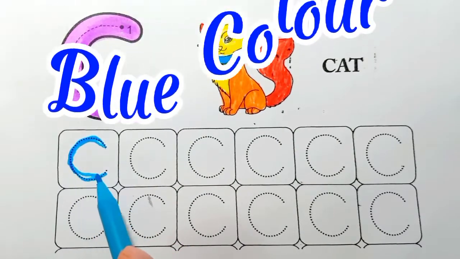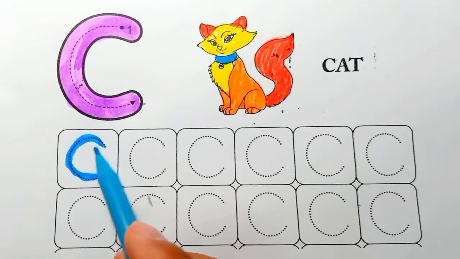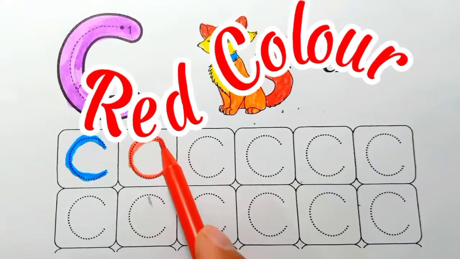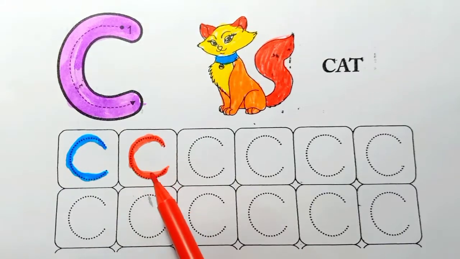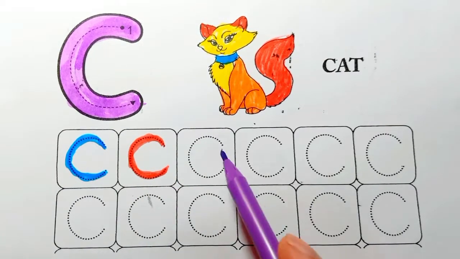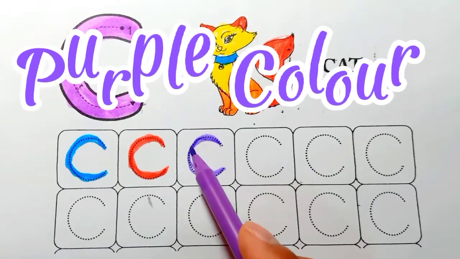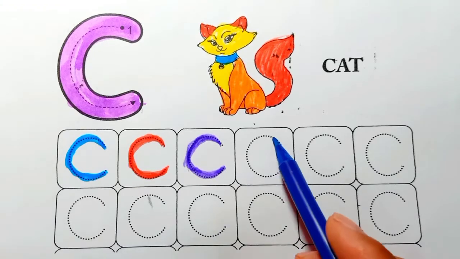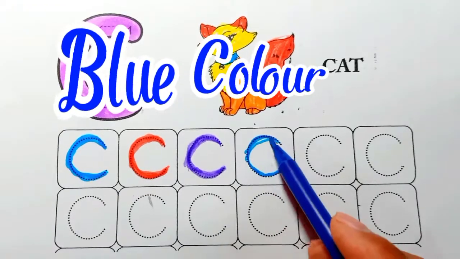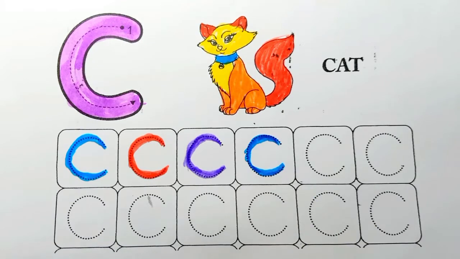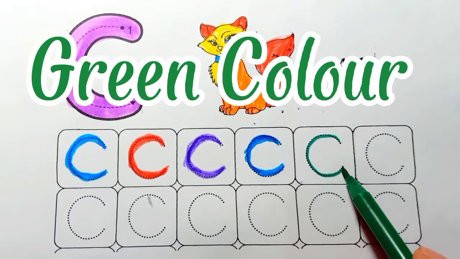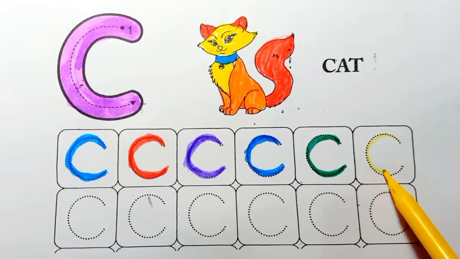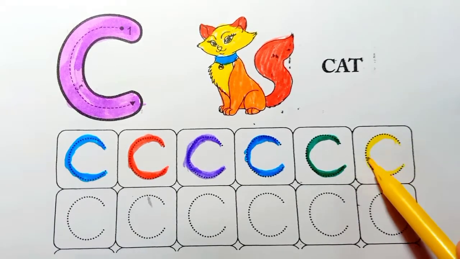First letter is blue color. Red color. Purple color. Blue color. Green color. Yellow.